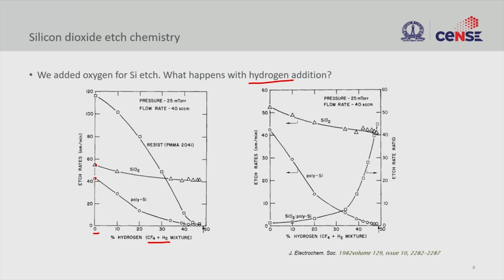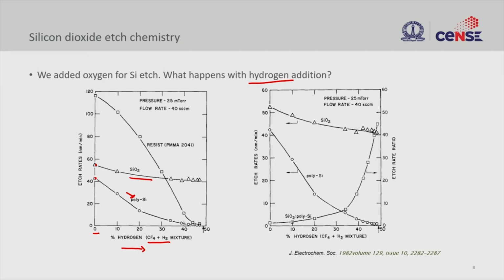They etch within a 5-10 nanometer per minute difference only. But when you start adding hydrogen, you slowly see your polysilicon etch rate reduces tremendously, while your silicon dioxide etch rate only changes marginally.